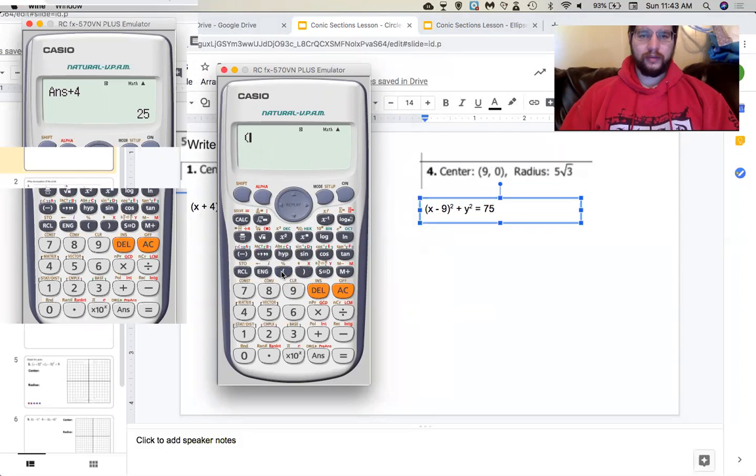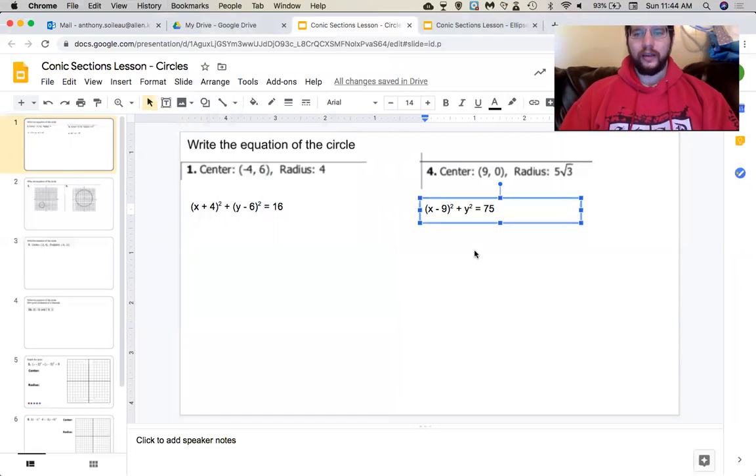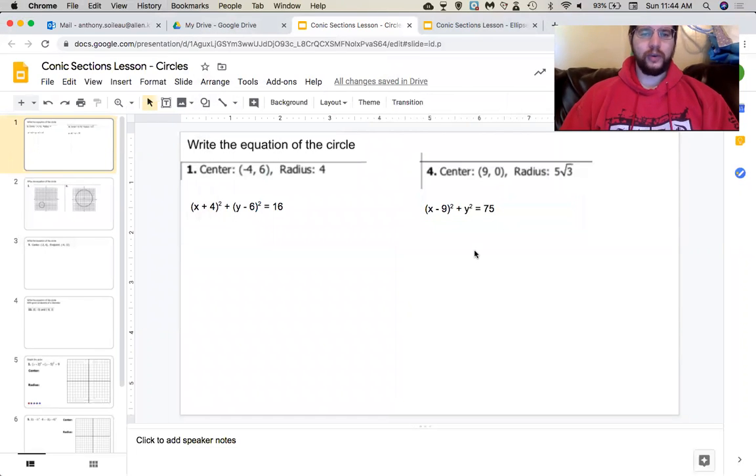So I'm going to put it in parentheses anyway, 5 square root of 3, and I'm going to square it. It gives you 75. If I didn't have those parentheses, I bet it would give me 15. Yep. So order of operations. Make sure you put your thing in parentheses, otherwise your calculator will do what you say and not what you want it to do.